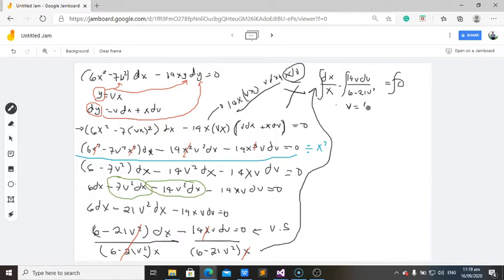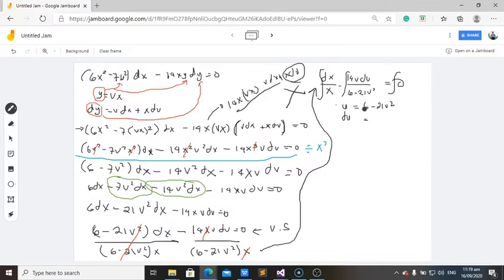Katong na-under na ako. 6 minus 21v squared. So your dv is equivalent, that is sorry, not v, that is u. Okay, du man na. This is not v. Okay. So your u, that is your u, and your du. Okay.